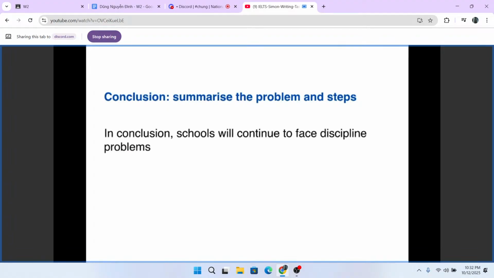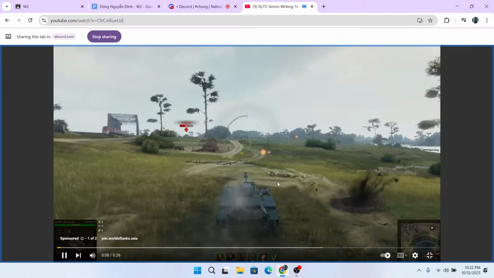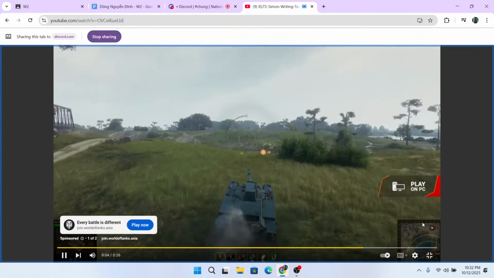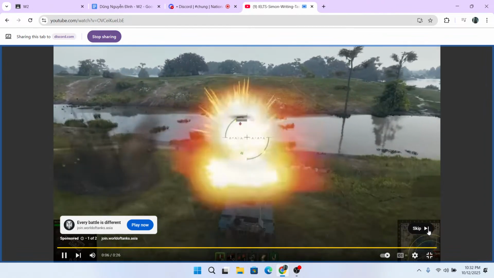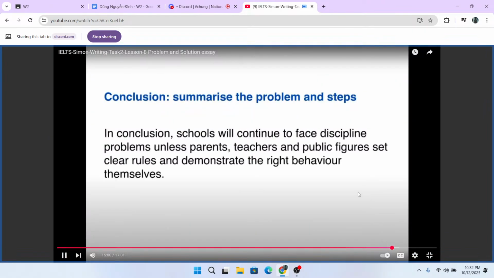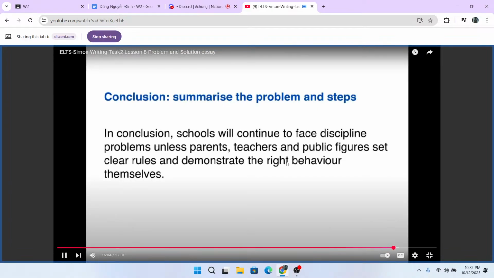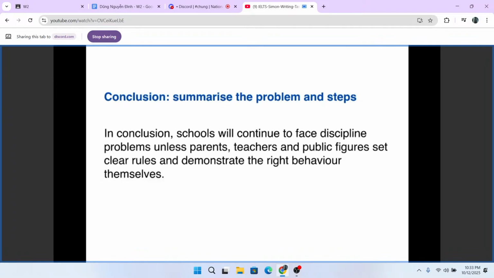"In conclusion, schools will continue to face discipline problems, unless parents, teachers, and public figures set clear rules and demonstrate the right behaviour themselves."